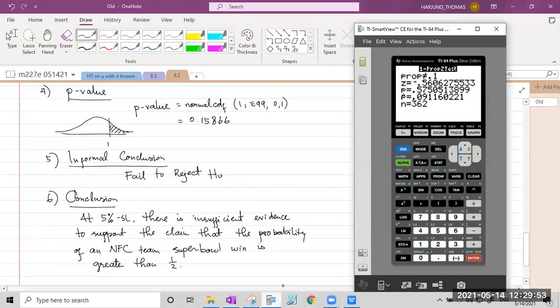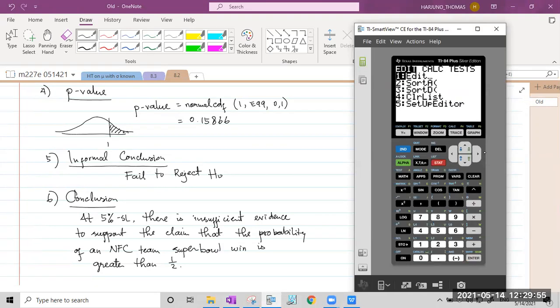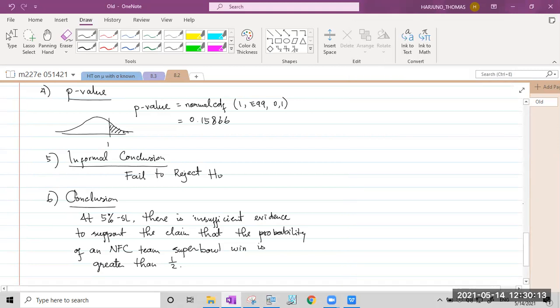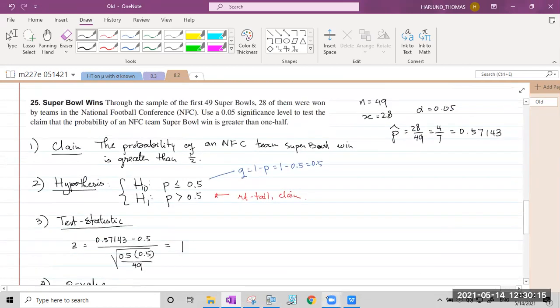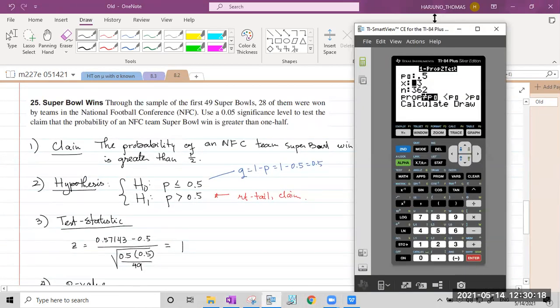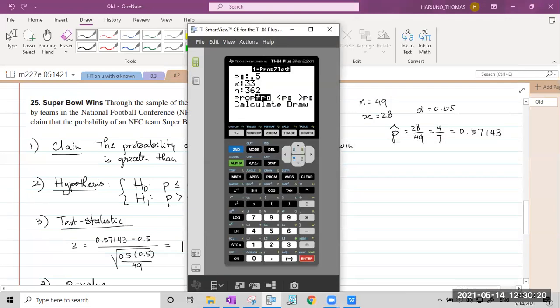Okay, calculator, do the test to confirm. So go to test, 1 proportion Z test. It's 1/2, that's 0.5. x is 28. The n is 49.